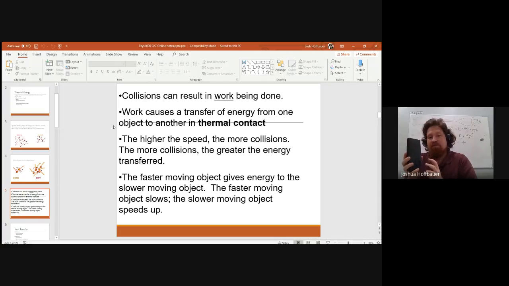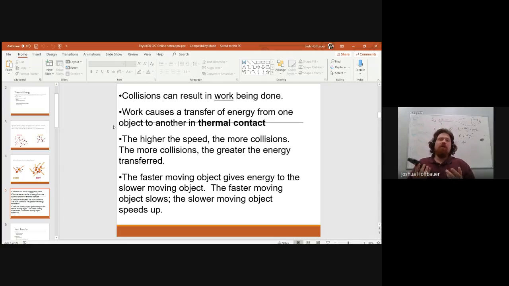bouncing around very fast. But when I take my hand and I touch the calculator, the particles that make up my hand are then able to collide with the particles that make up the calculator. And in the collisions between my atoms and the calculator's atoms, energy will transfer from my hand into the calculator.